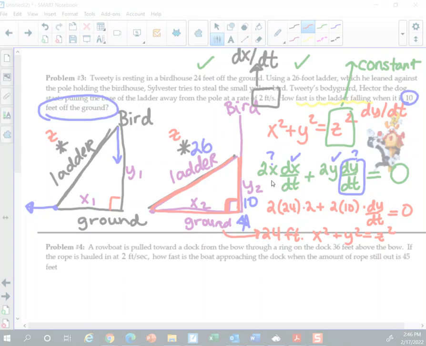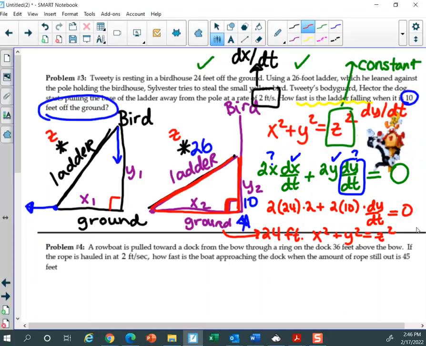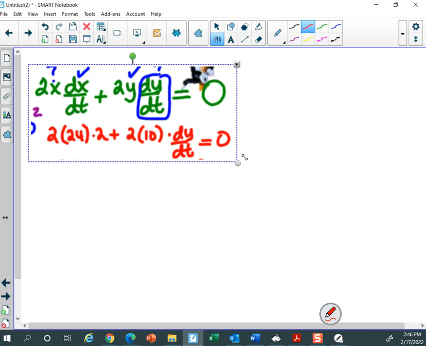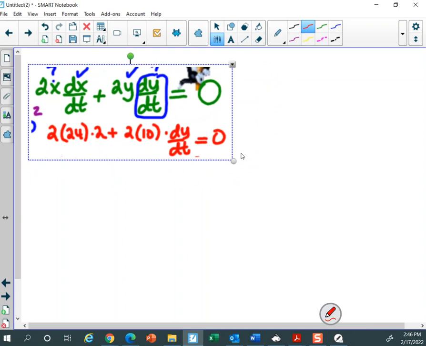Now, I didn't do a great job of writing any units in those, so let me float that over with some units. Let's shrink this down for a minute. Okay, so the 24 is feet, and this 10 is feet, and this 2 is feet per second.